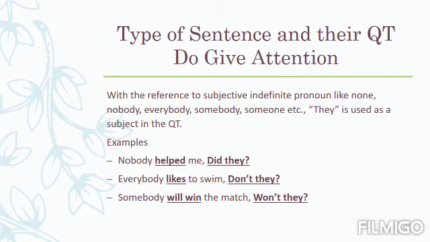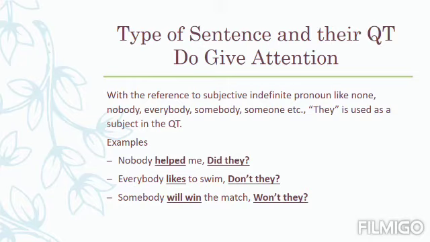Now see, nobody helped me. In this statement, not is not used or no is also not used. Even then this statement is a negative statement, because it has started with the word nobody. So this statement is negative, its question tag will be positive.